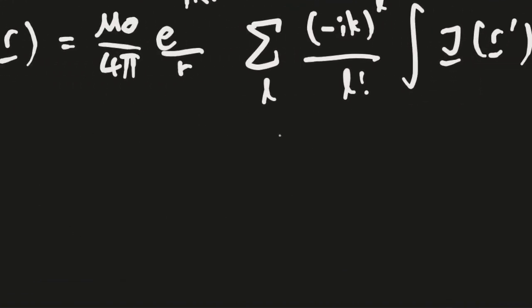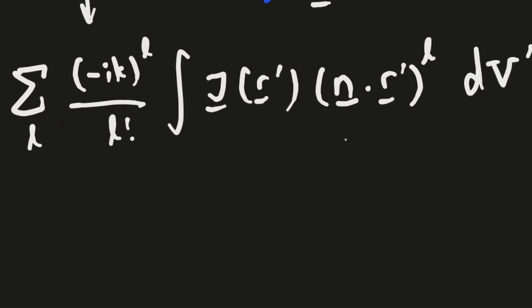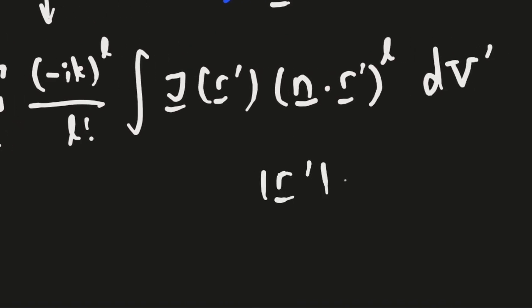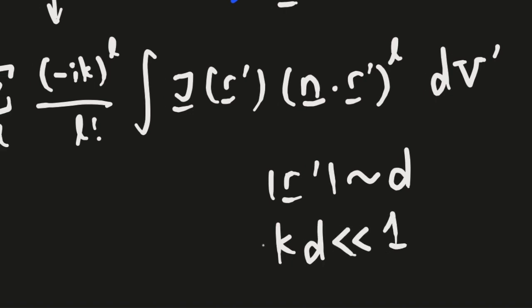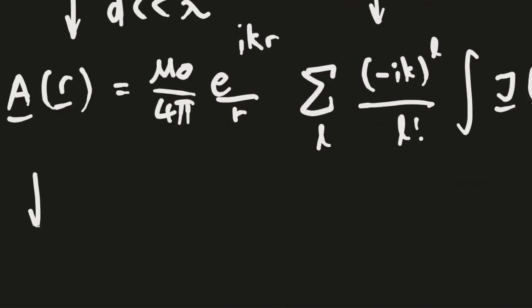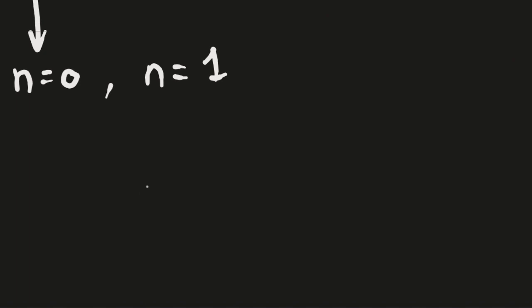So the thing is, we have that mod r prime is on the order of the source dimensions, and the source dimensions are really small, so the dominant terms are n equals 0 and n equals 1. So we only need to look at these two terms if we really want anything useful.